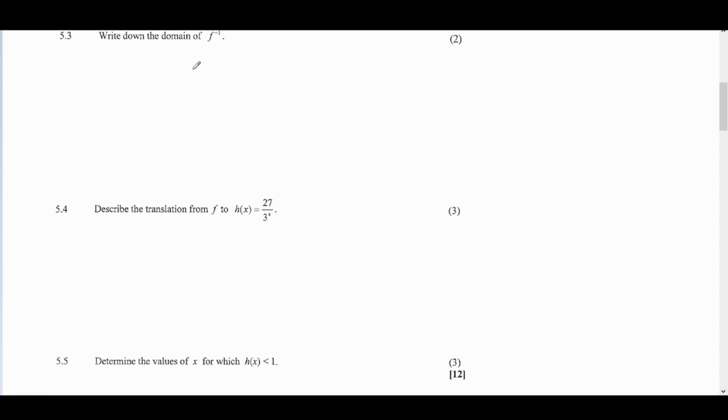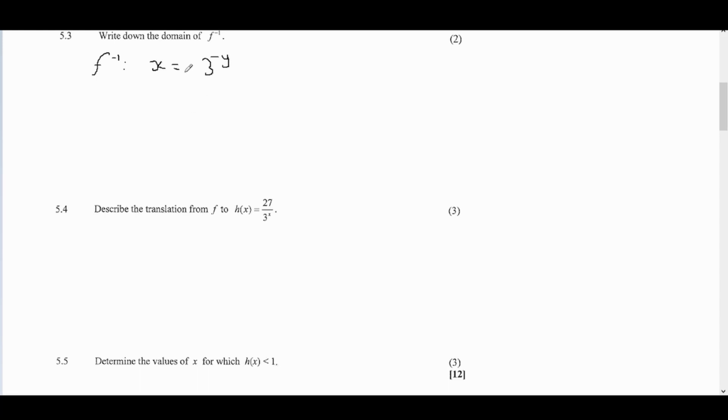5.3: write down the domain of the inverse of f. The domain is all possible x values where the graph exists, so we determine our inverse of f. To determine the inverse of f, we simply start by exchanging our y and x values and then solving for y. So it will then be x equals 3 to the minus y.